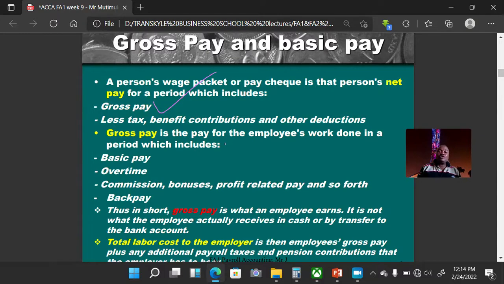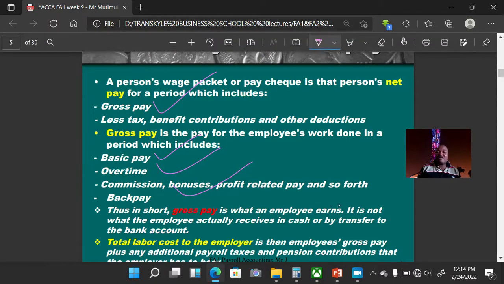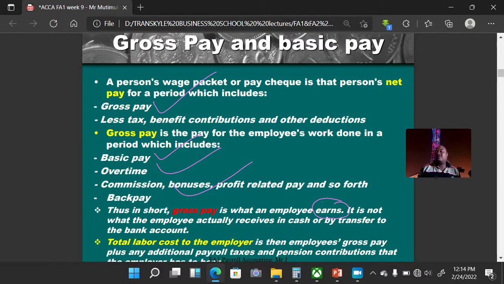While gross pay is the pay for the employee's work done in a period, which includes the basic pay, overtime, commission, and bonuses. Thus, in short, gross pay is what an employee earns, the total. It is not what the employee actually receives, because by the end of the day, he's going to receive the net pay after deductions.